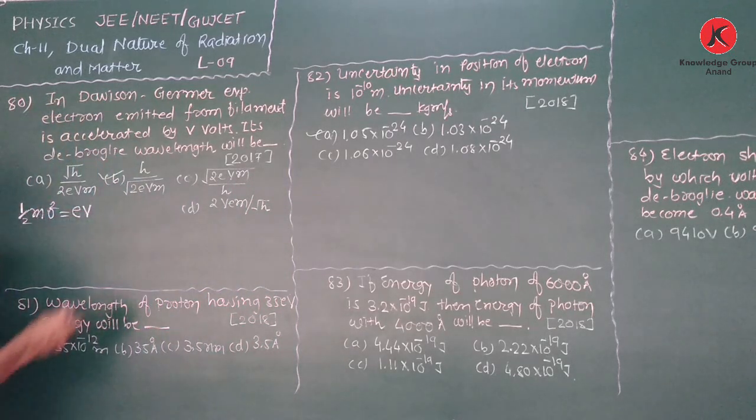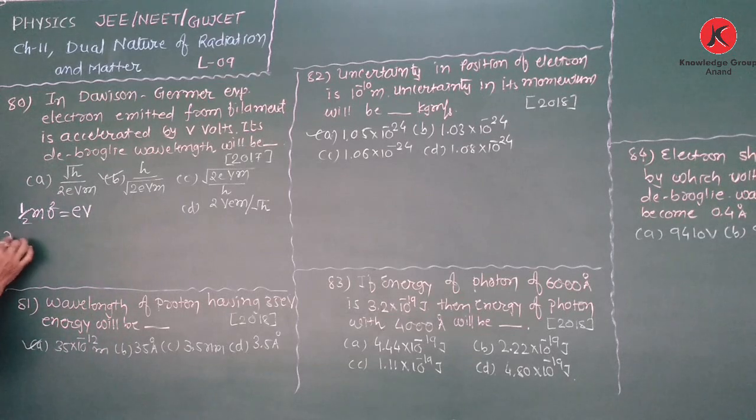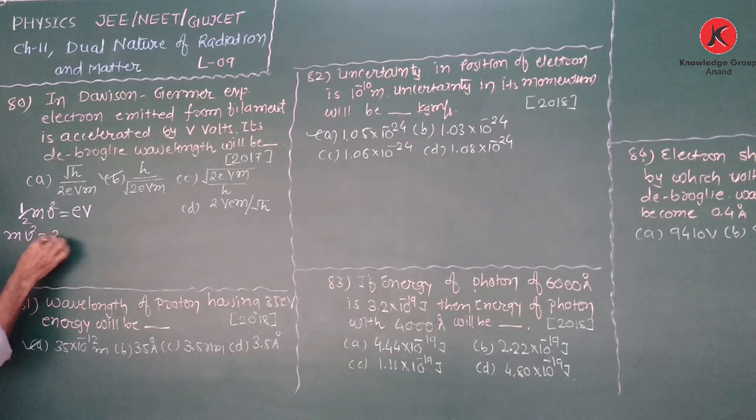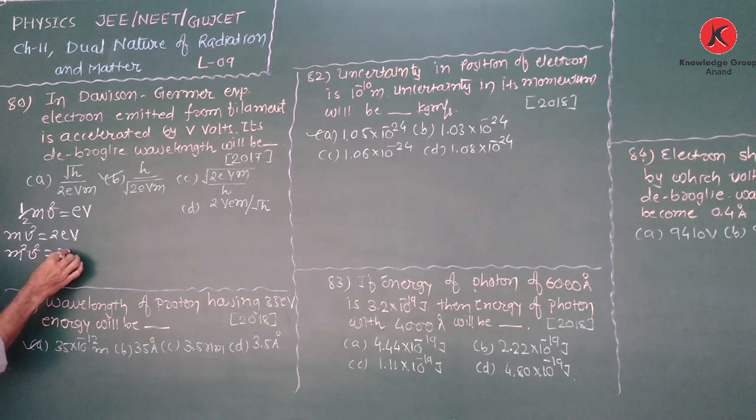Taking 2 to this side, m v squared is equal to 2eV. Multiply both sides by m.